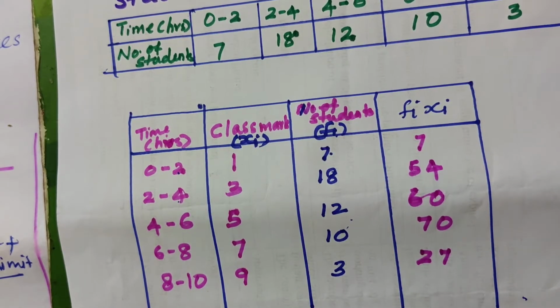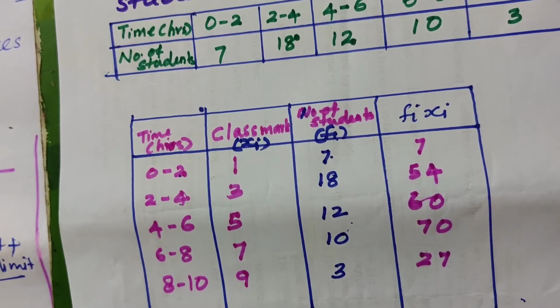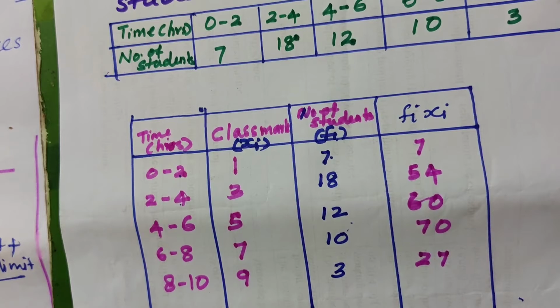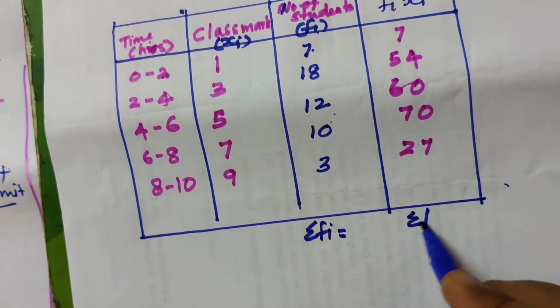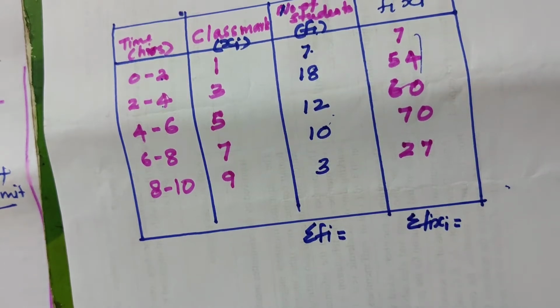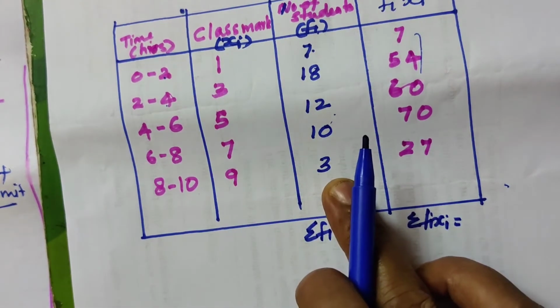Now we should find out sigma fi. Sigma fi means the sum of the frequency, and sigma fi xi means the sum of this column, also you should find out. So first we should find out sigma fi.